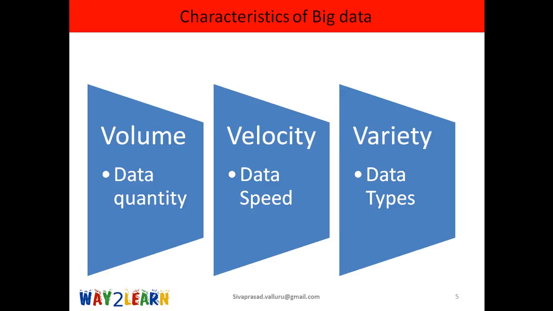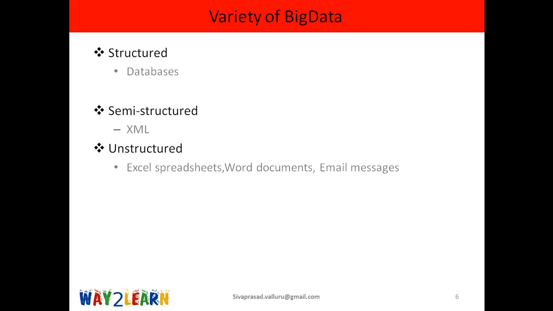So these are the three important characteristics of big data: volume, velocity and variety. As the name says, the data has to be in huge volumes if you want to call your data big data. The velocity should also be very high, the rate at which the data is growing. And your data can be of a variety of formats.